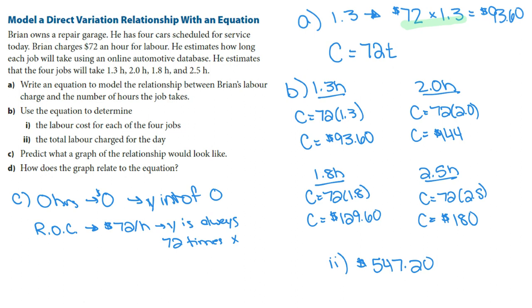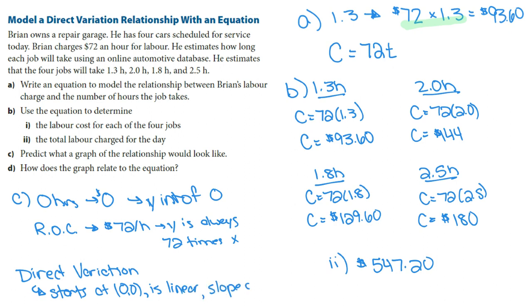That means that this graph would be a direct variation, which means it starts at 0, 0, is linear, and has a slope of 72. So that's what the graph would look like.